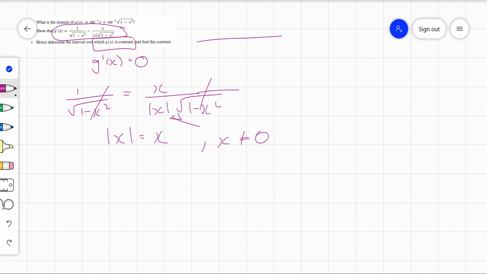Hence, determine the interval over which g of x is constant. At the moment we've got x between -1 and 1, and for this to work, x would have to be bigger than 0.